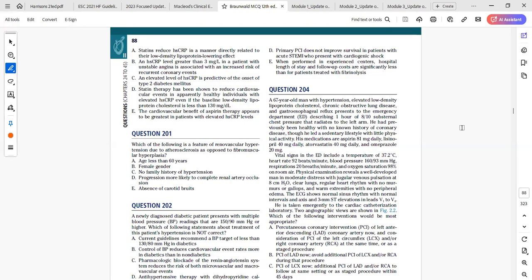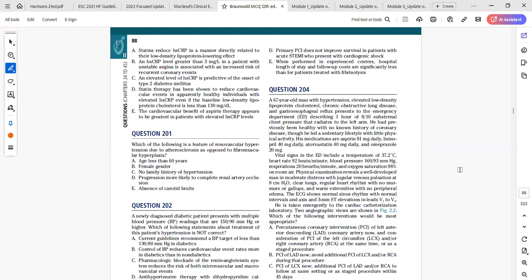Physical examination reveals a well-developed man in moderate distress with jugular venous pulsation at 8 centimeters of water, clear lungs, regular heart rhythm, and no peripheral edema. The ECG shows normal sinus rhythm with normal intervals and axis and 3 millimeter ST elevations in leads V1 to V4. He is taken emergently to the cardiac catheterization lab.